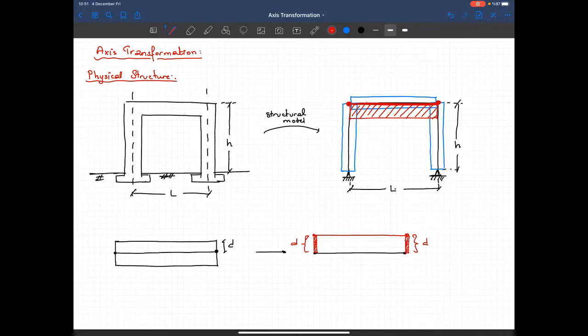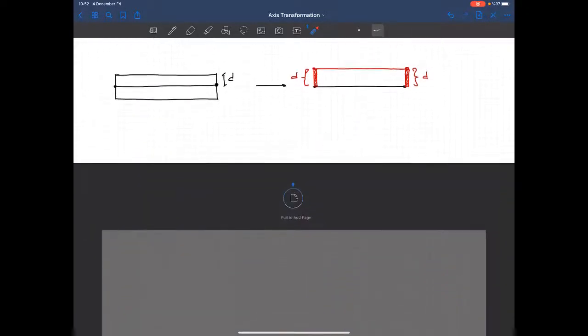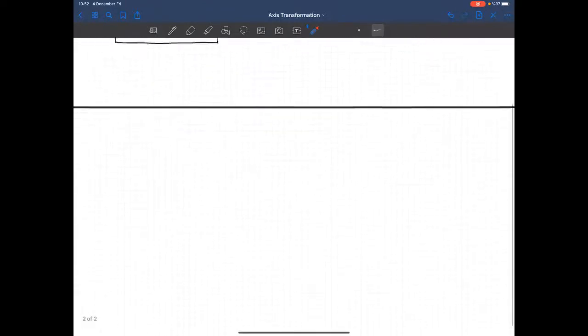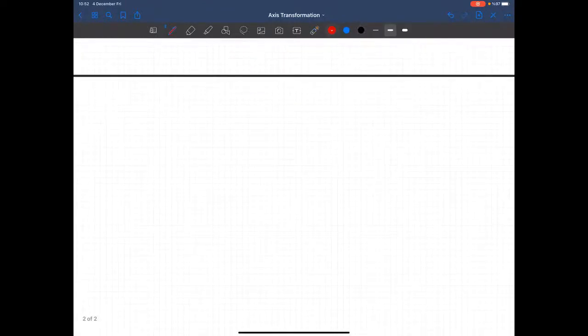And again, we will follow the same procedure. We will use the transformation approach. I know the stiffness coefficients for the degrees of freedom at these ends, and with the help of this rigid member I will transfer them to the top surface, and the new stiffness coefficients will be the stiffness coefficients that I will be using in this model. Okay, so again let's use the same approach. I'll start with the displacements.